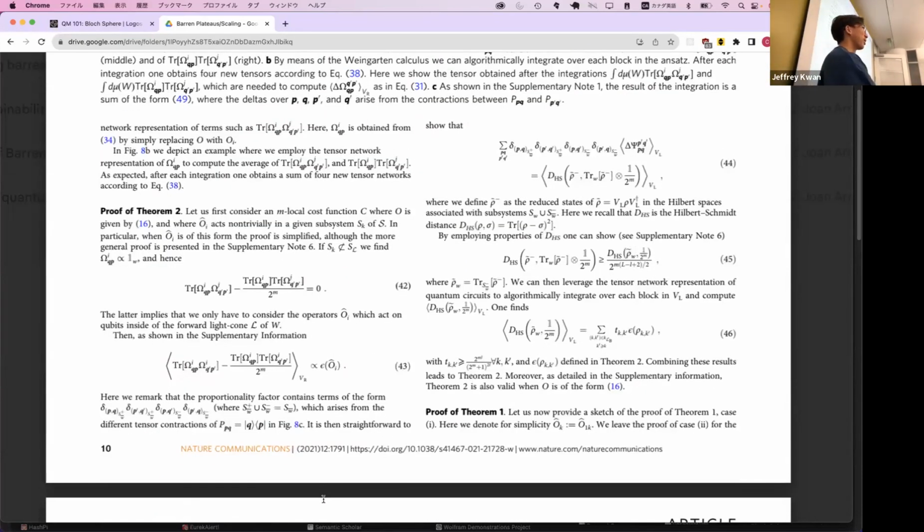Anyways, more questions? Yeah, QGAN is one specific VQA. VQA is just a general framework, like something that looks like a machine learning algorithm. Think about it, you're training your model, varying those parameters.